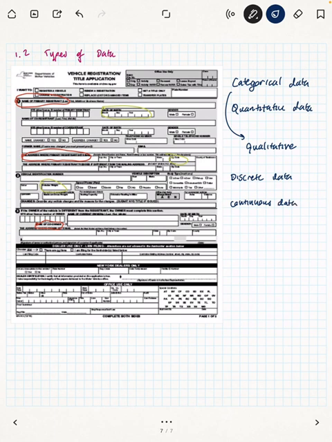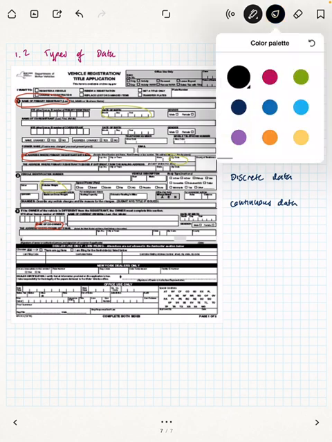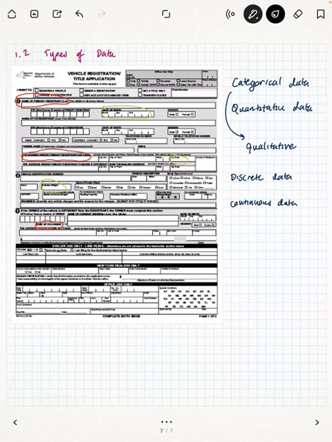If you've taken a math class before that has talked about these terms, for instance, if you take a calculus class or a computer science class, you may know these terms already. And the idea is discrete data is anything that can be counted.